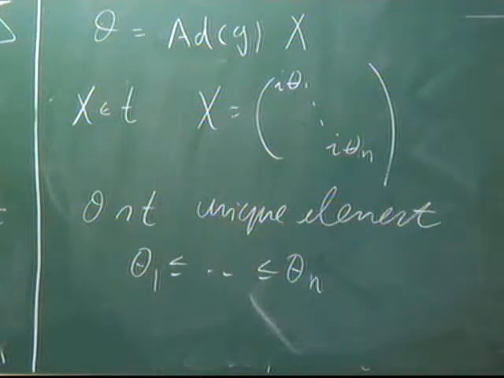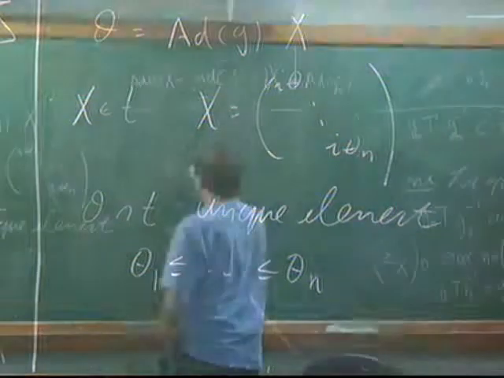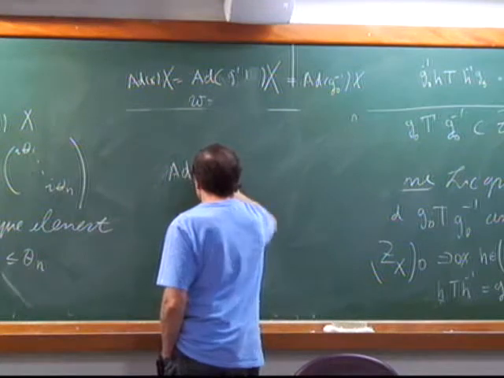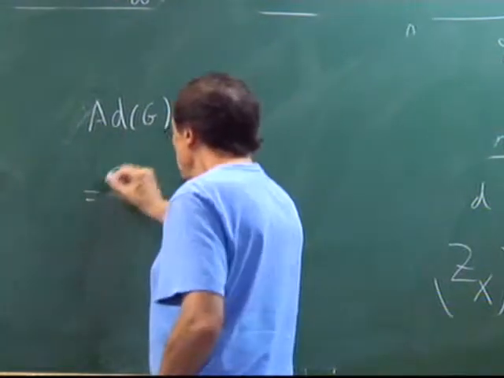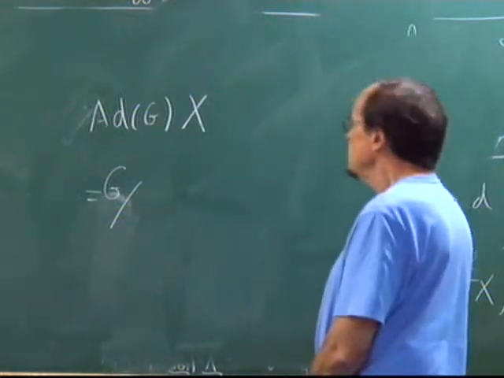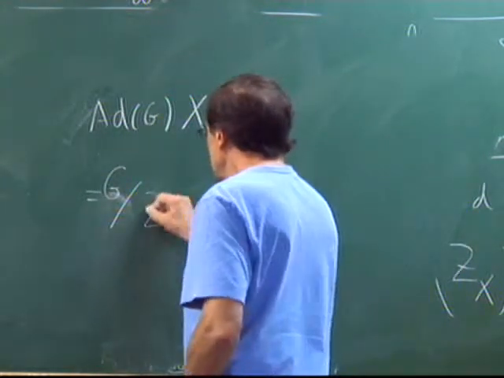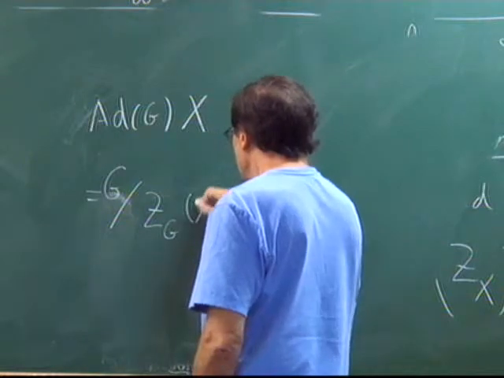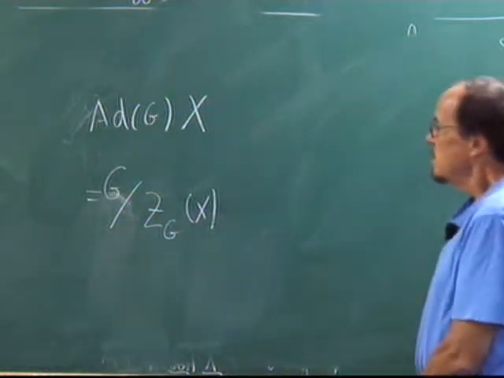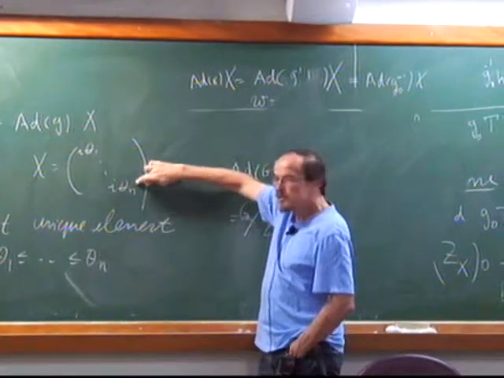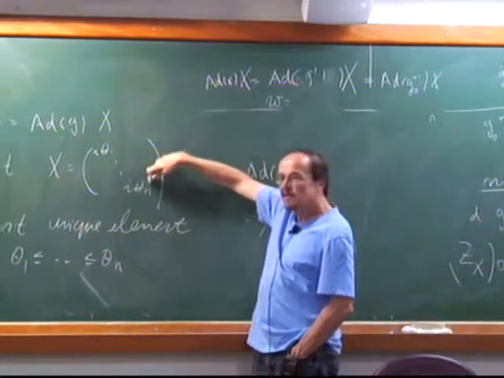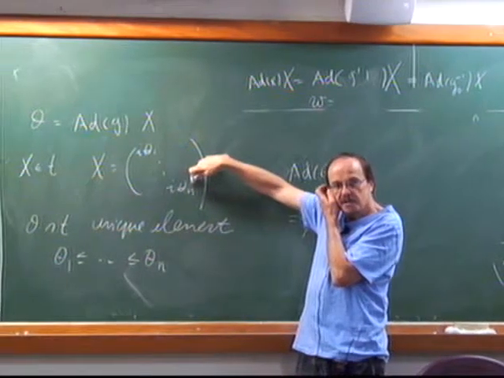So now how big is it? If I take such an orbit of such an x, it's equal to G mod the isotropy, but the isotropy is a centralizer. Everything commutes with x. So what are the matrices that commute with x here? That depends on how many are equal. If they're all distinct, then only the maximal torus commutes with it.